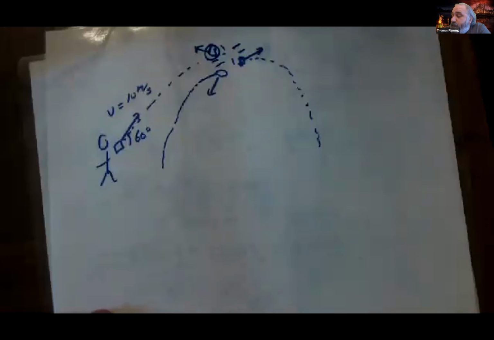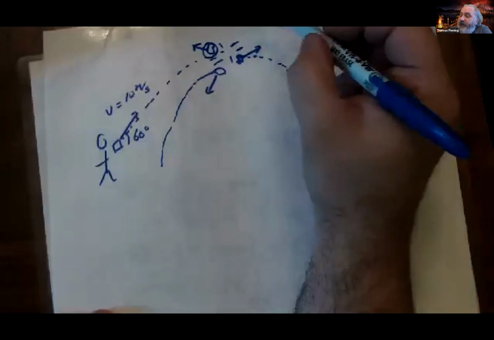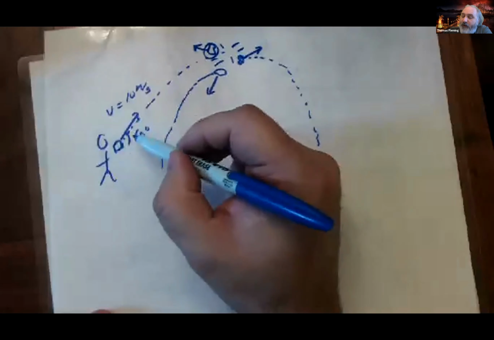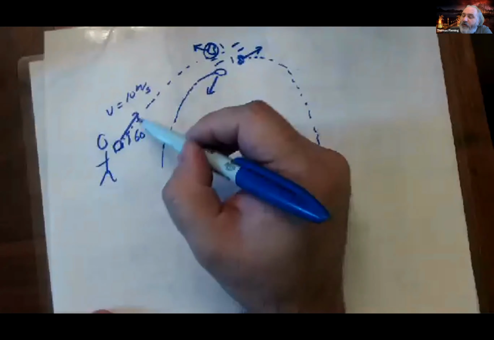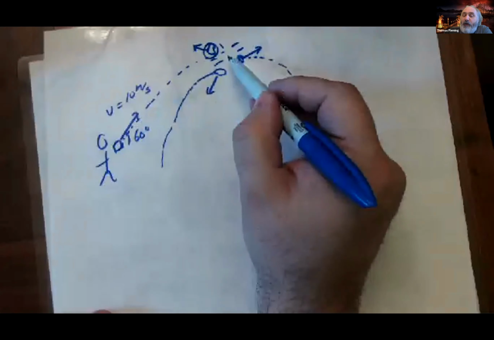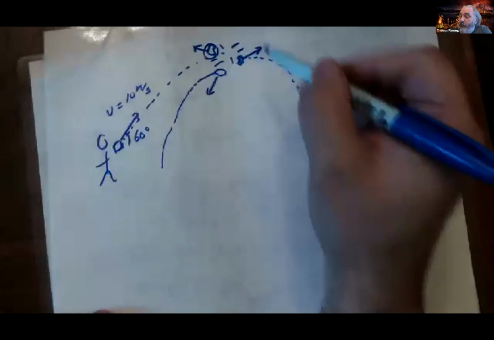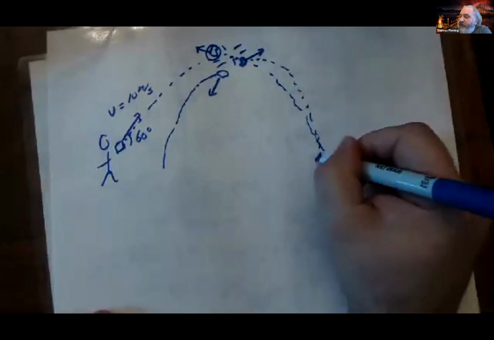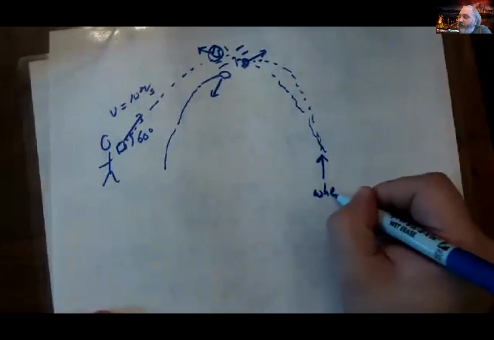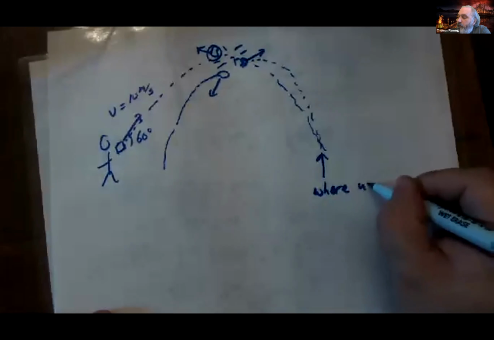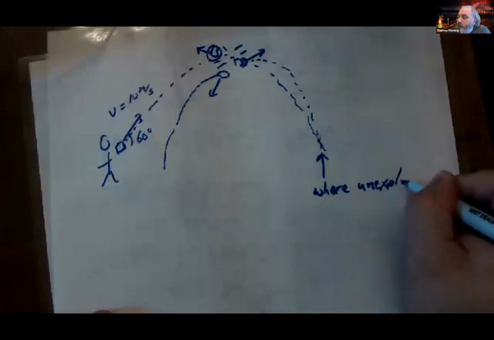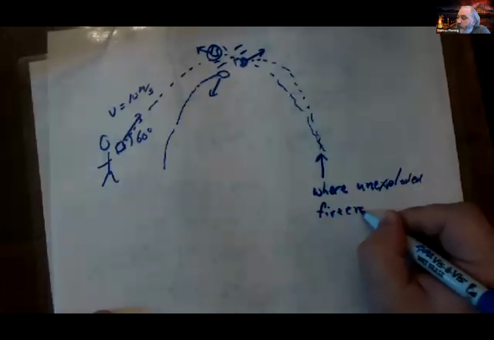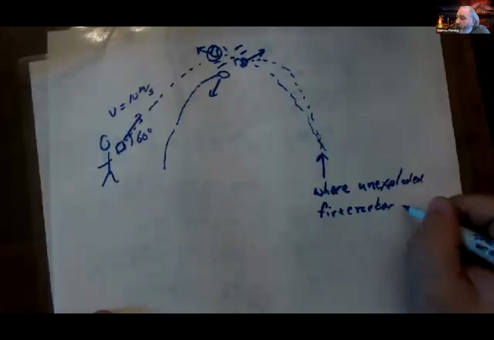I can treat this as one big firecracker, and I can figure out, if I have that one big firecracker, where would that big firecracker have landed if it never exploded? Well, that's a chapter 4 problem. So this is where an unexploded firecracker would land.